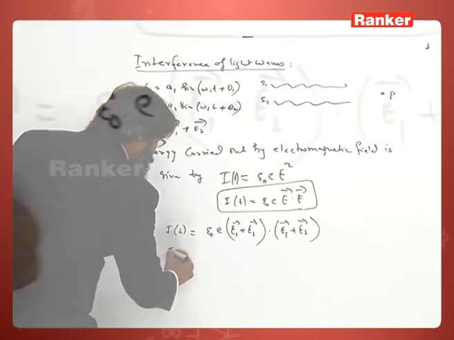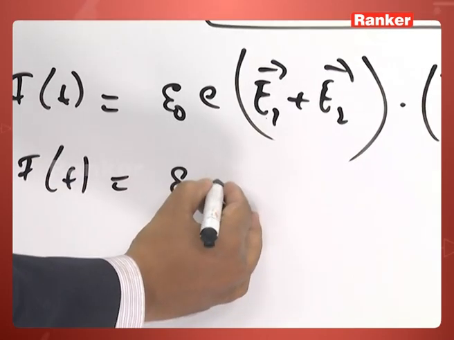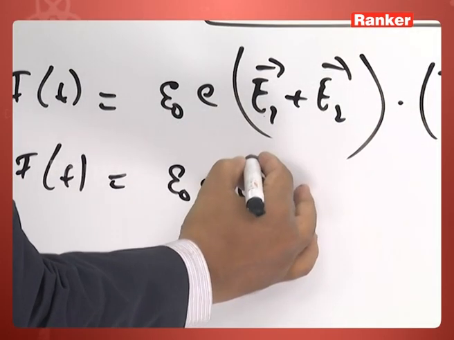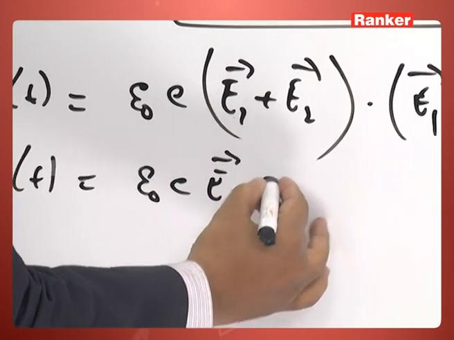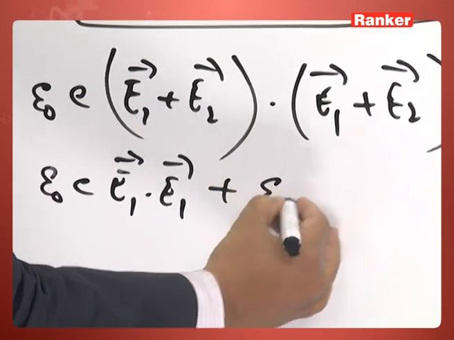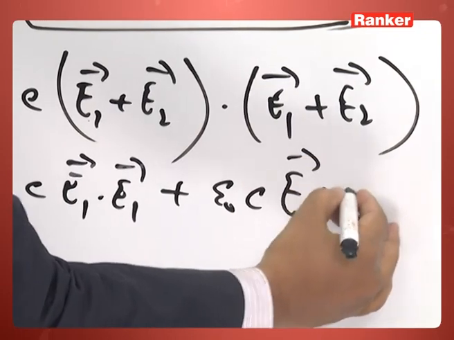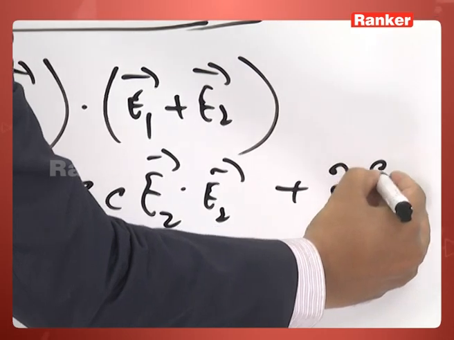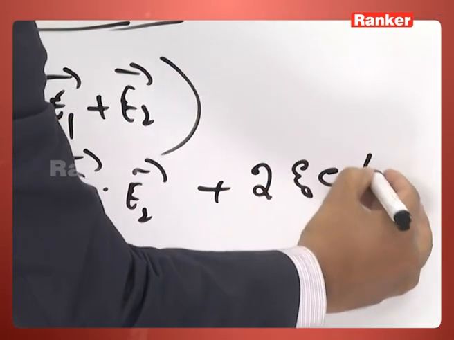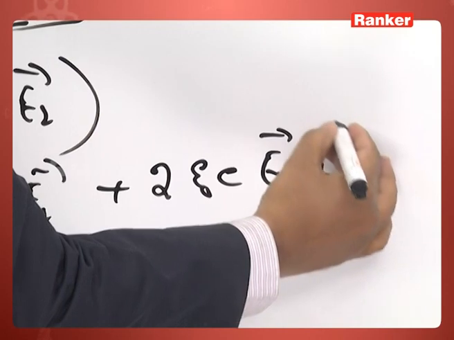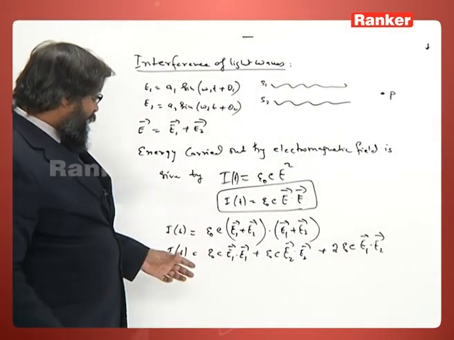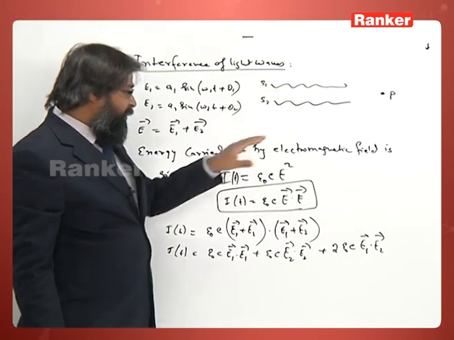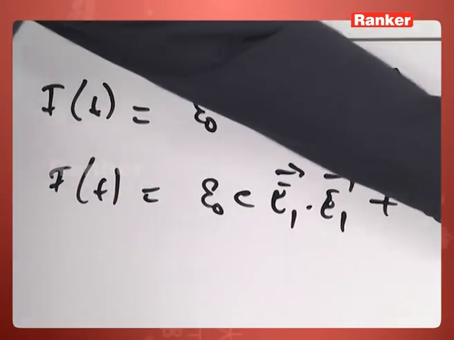So we will get this as epsilon naught C times E1 vector dot E1 vector, plus epsilon naught C times E2 vector dot E2 vector. Then we will get 2 epsilon naught C E1 vector dot E2 vector. Now the expression of the intensity at P, that is irradiance at P, constitutes these terms.